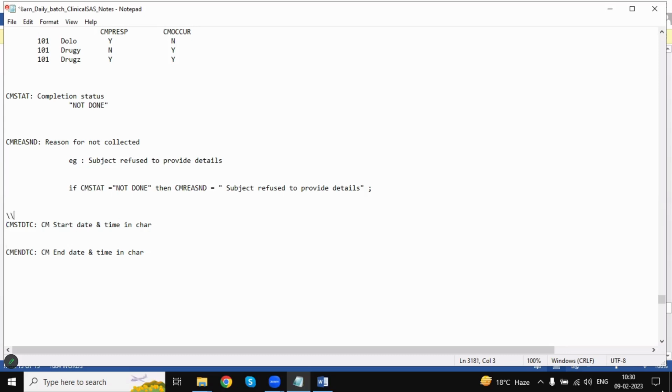Start date and end date we have to capture. For example, the subject took the tablet for fever for 3 days. So those are the start dates and end dates.